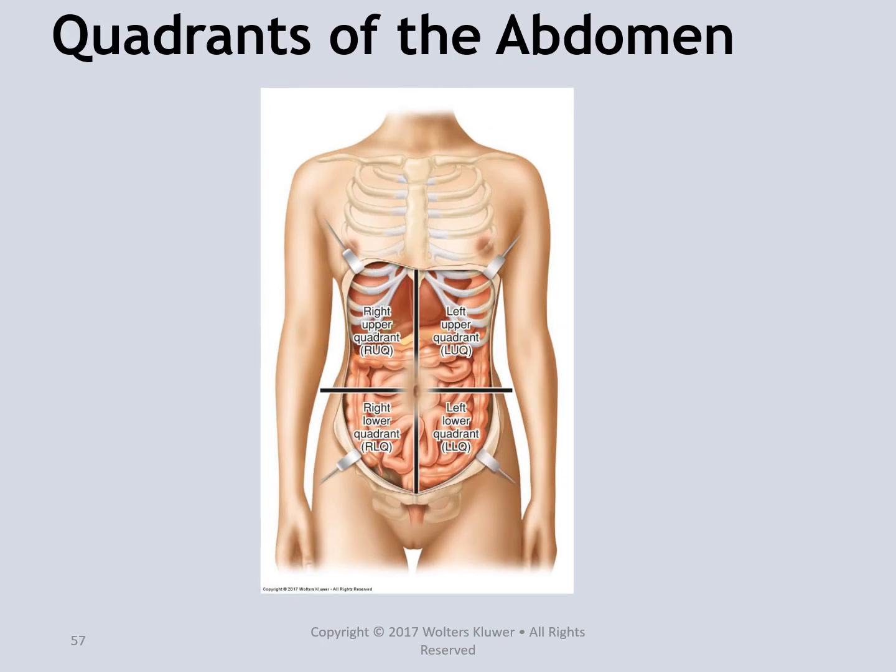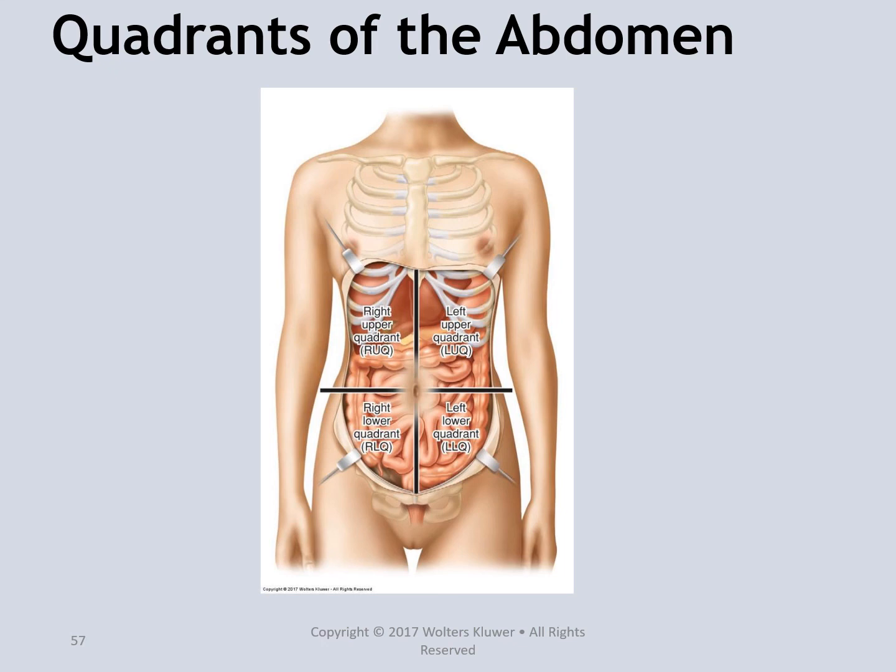Now, usually you'll see people do quadrants of the abdomen instead of our 9 divisions of the abdomen just because it goes a little faster. To do quadrants of the abdomen, you just simply draw a line straight down and straight across that intersect at the navel. And then you have a right upper quadrant, a left upper quadrant, a right lower quadrant, and a left lower quadrant.